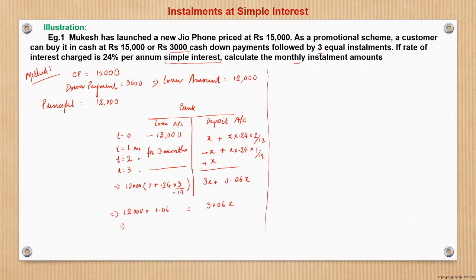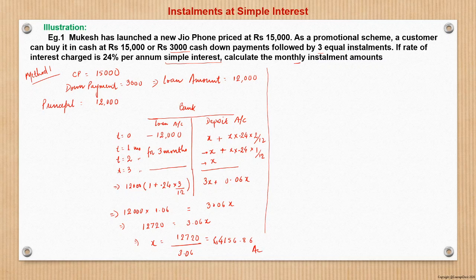So this will be nothing but 12,720 is equal to 3.06x. From here we can say x is equal to 12,720 upon 3.06, which is nothing but 4156.86 rupees. This is the answer to this question.